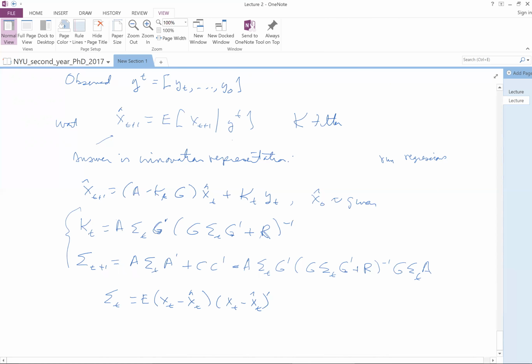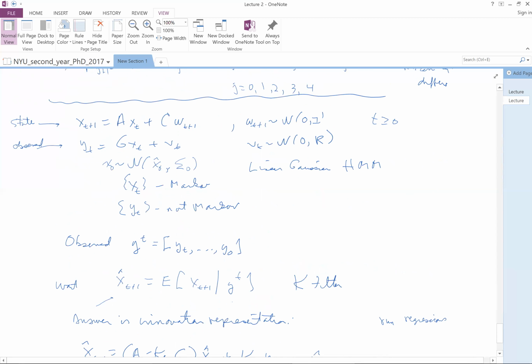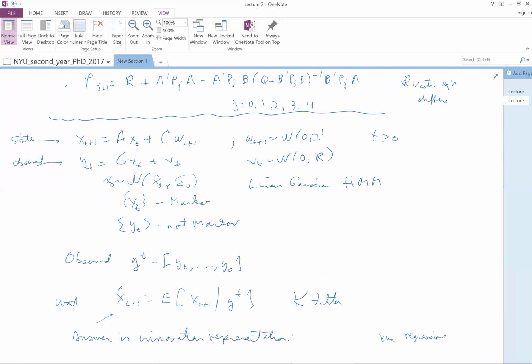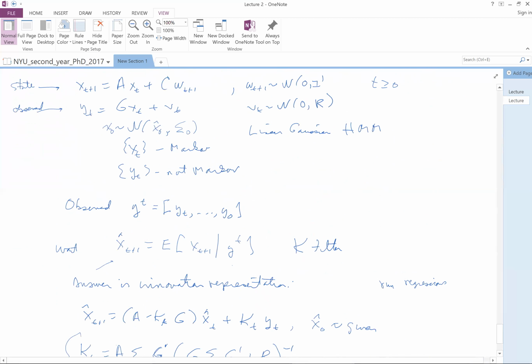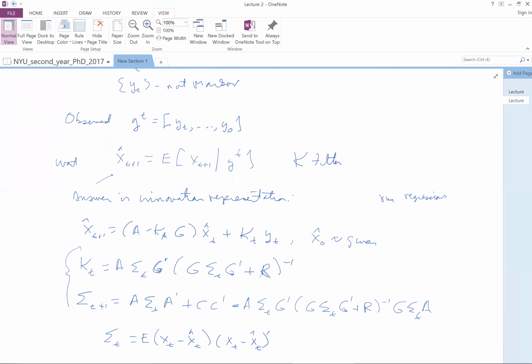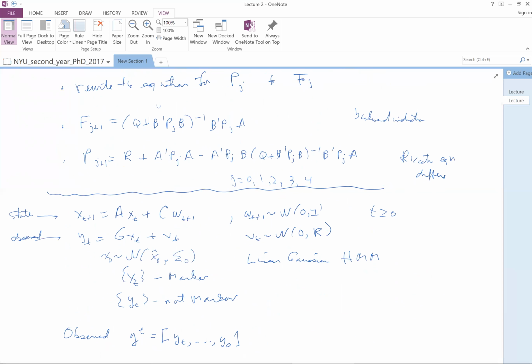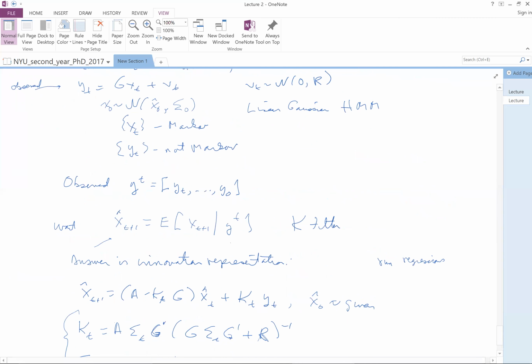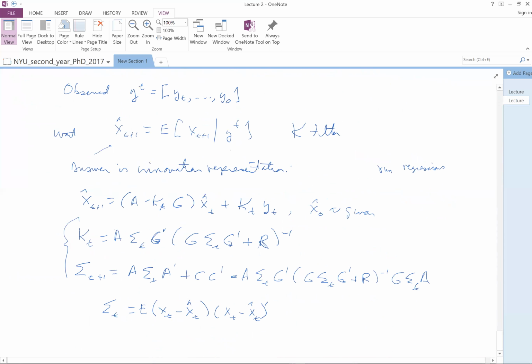What it's post-multiplying might remind you of this, but it's not the same. This equation is going backwards in time. This equation is going forwards in time, but it has a structure that looks a lot like this equation. Should there be an A there or an A prime? Well, here there's an A prime, and here there's an A.